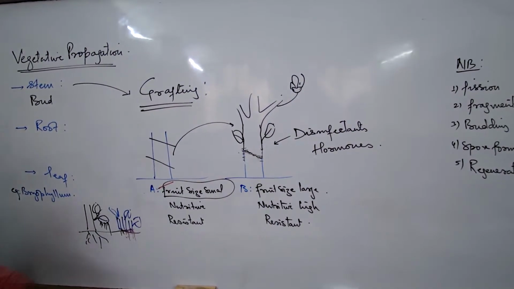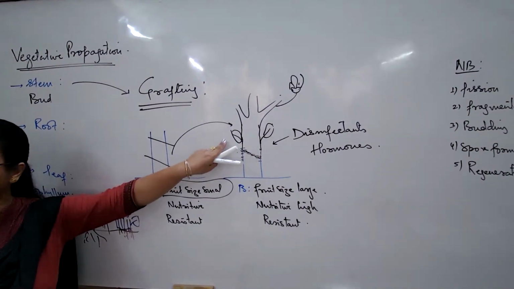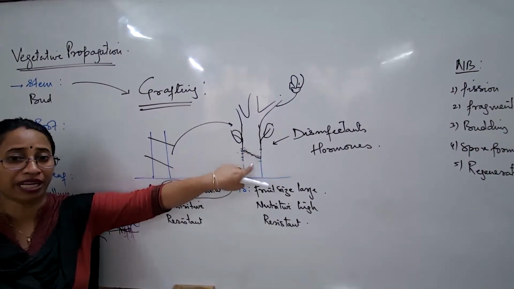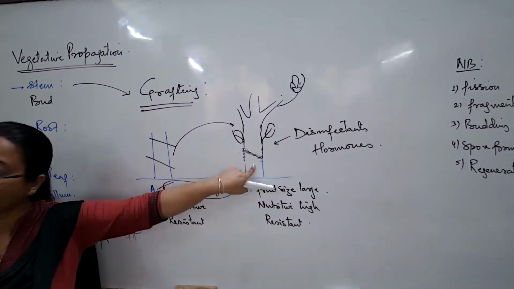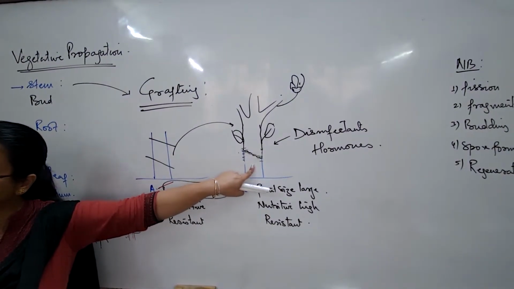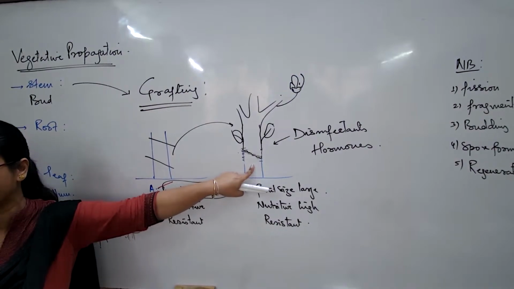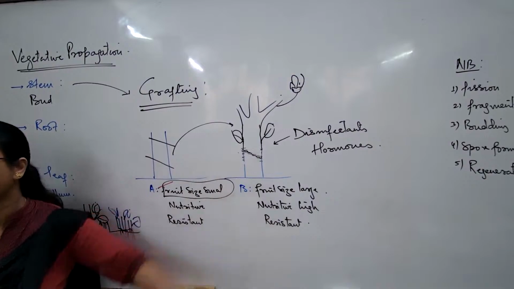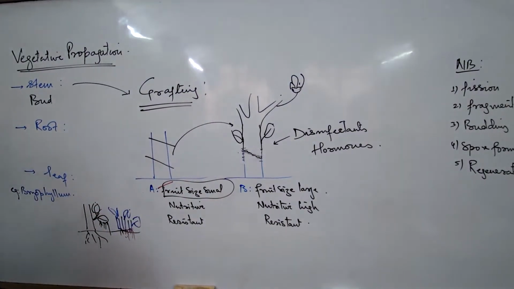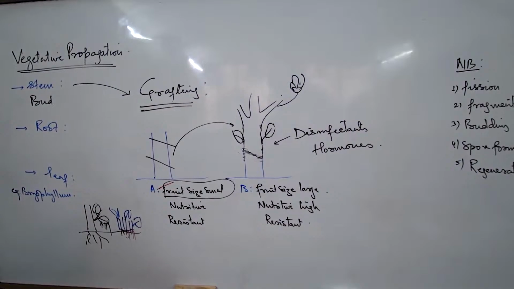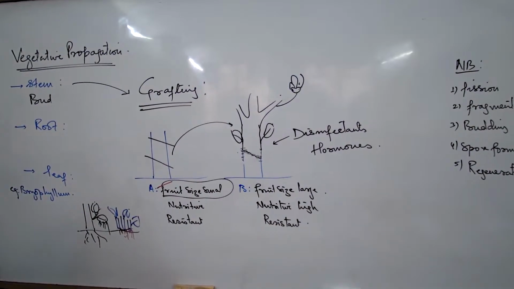So what is the advantage of this method then? The advantage is that by the process of grafting we can bring 2, 3, 4 different types of tissues together in order to get an improved variety, a better variety. Today, whatever different types of crops, grains, cereals and pulses we eat, all are either hybridized or grafted.